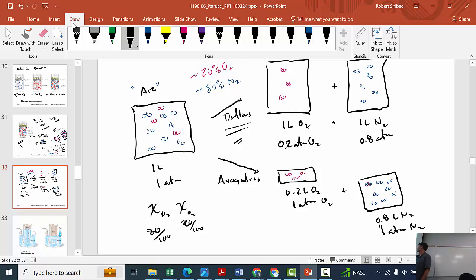So 1 atmosphere of oxygen plus 1 atmosphere of nitrogen equals how many atmospheres of mixture in Avogadro's? 1 atmosphere. And moles are just added for either? Moles is always true, doesn't matter. And so Dalton's, again, is constant volume, and Avogadro's is constant pressure.